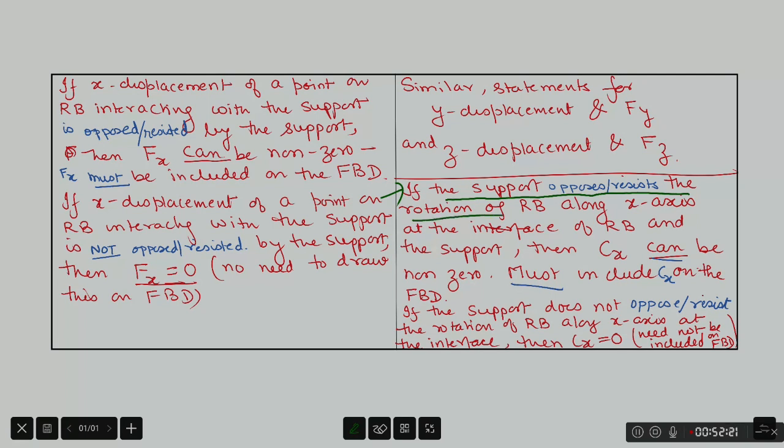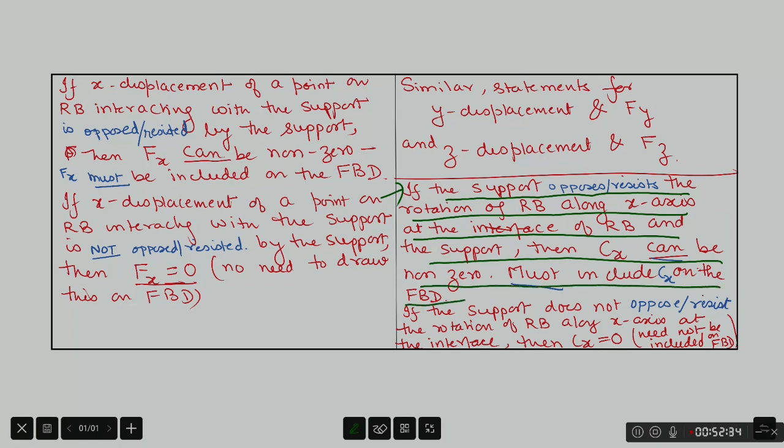If the support does not resist the rotation of RB along x-axis at the interface, then Cx can be put as 0 and there is no need to include this on the FBD. This is how you judge. So for all these judgments, you have to call the designer of the support.